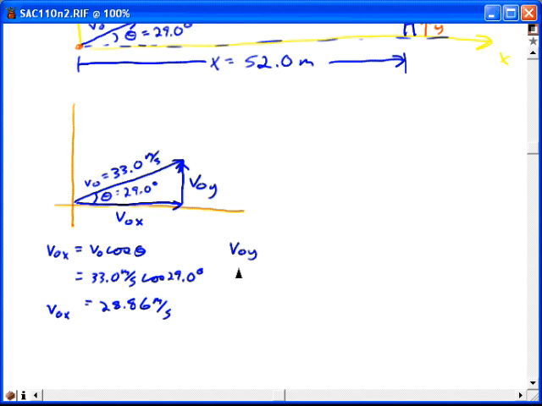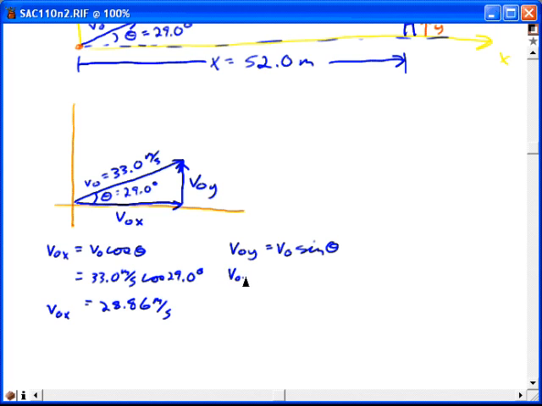V0y divided by V0 would be the sine of theta, the opposite over the hypotenuse. Multiplying both sides by V0, I get V0y is just V0 times the sine of that angle theta.